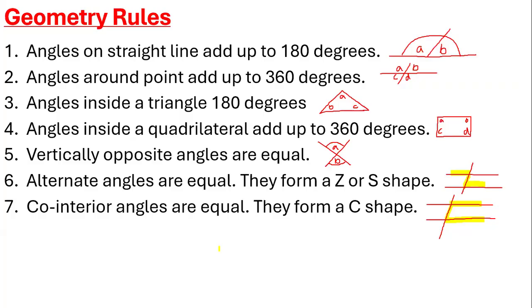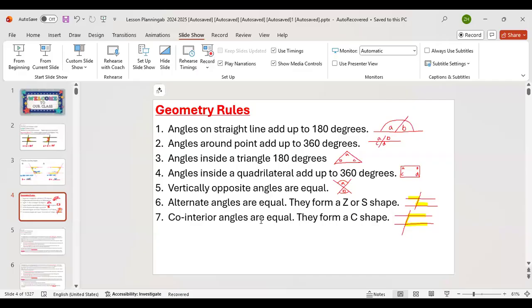Courtney, Raming, read number 4. Angles in a quadrilateral add up to 360 degrees. Very good. Davinique, read number 5. Vertically opposite angles are equal. Very good.